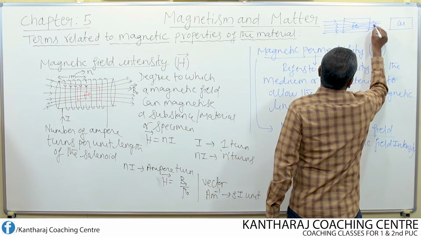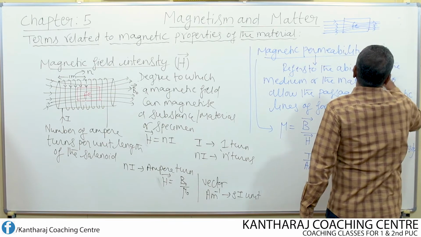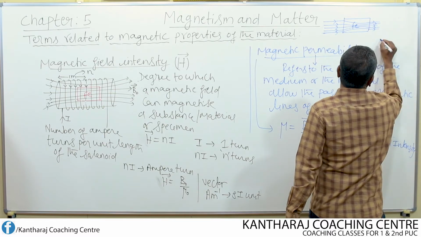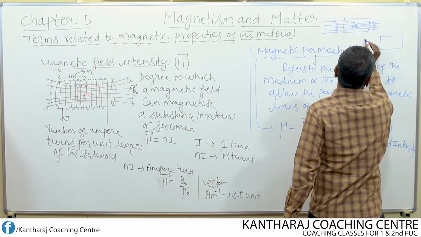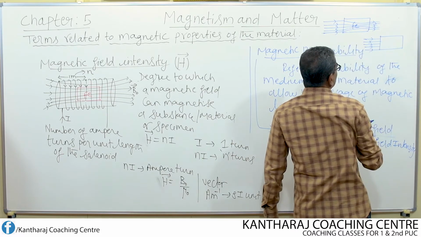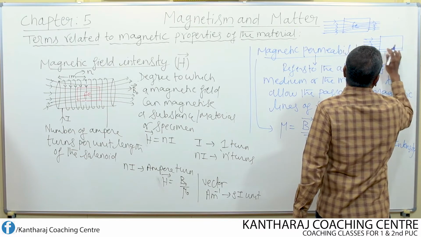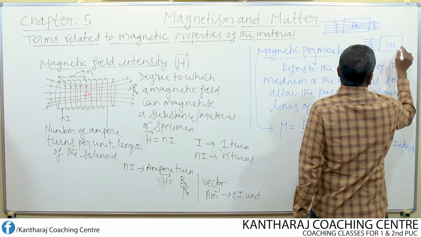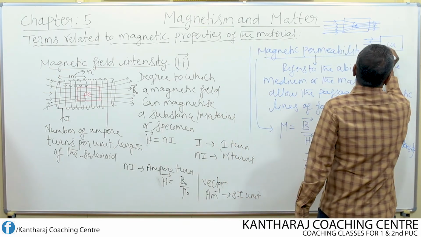Whereas, if I consider the copper bar, let us write it separately, which is once again kept in the same magnetic field, and I consider 1, 2, 3, 4, 5 lines, then it is found that the majority of the magnetic lines of force do not pass through the copper. Only a few may pass, maybe 1 or 2.